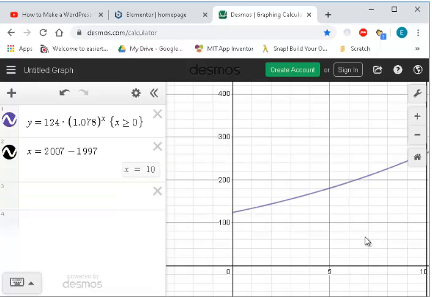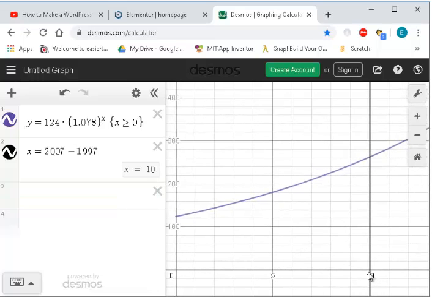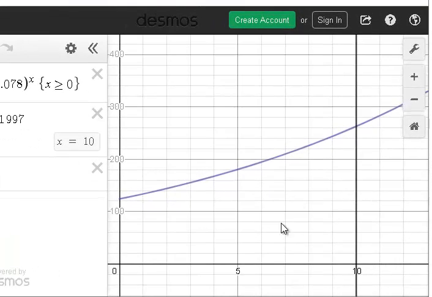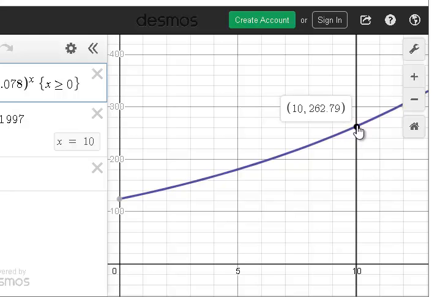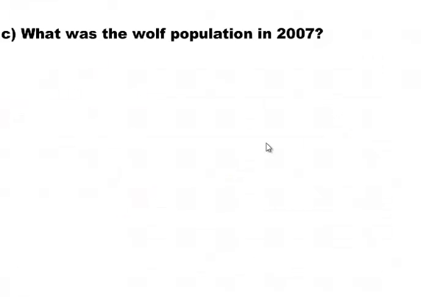If you look at the graph, this is 10, which is correct because 2007 minus 1997 is 10 years. If you look here, the point of intersection is the number of wolves, and you can see it's about 262 or 263 wolves here. 262 to 263, depending on the rounding, either up or down.